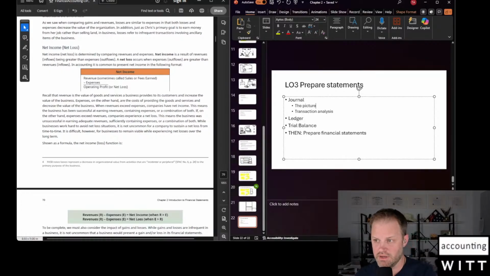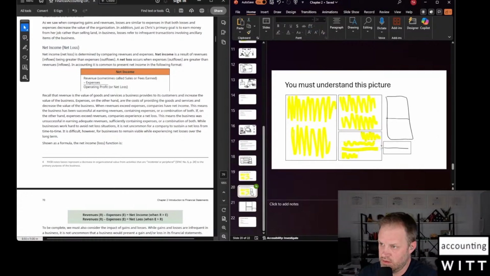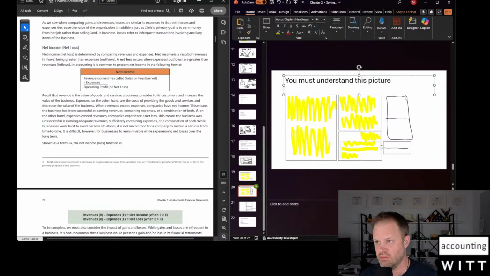I've got to figure out a name for this picture. We need a name for this. The accounting framework.